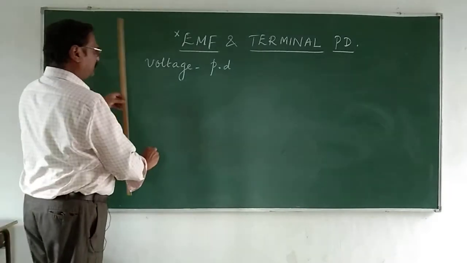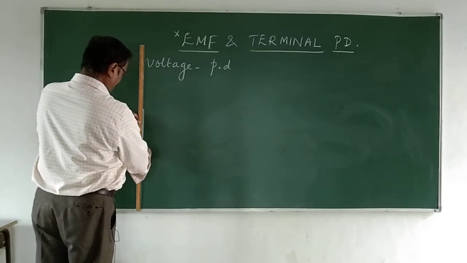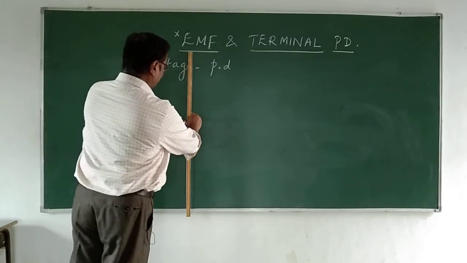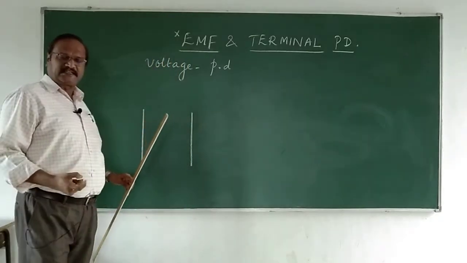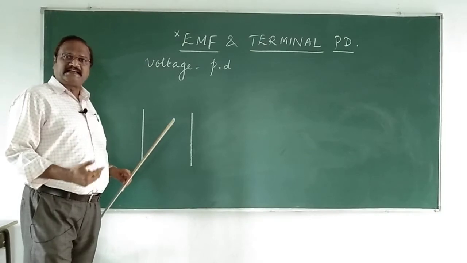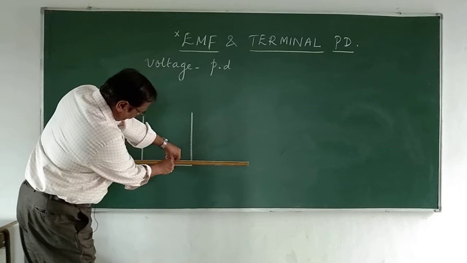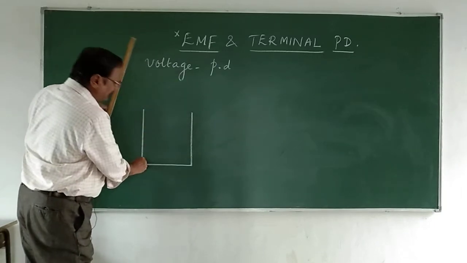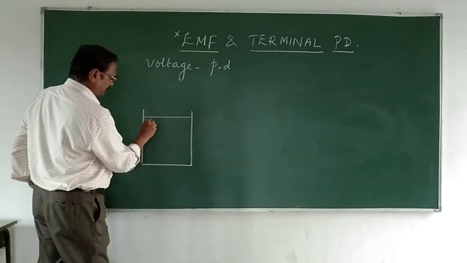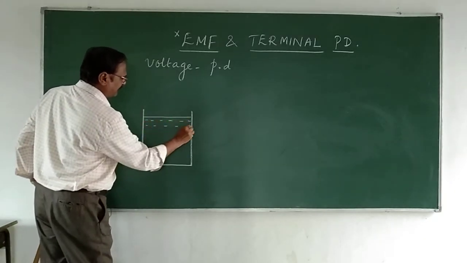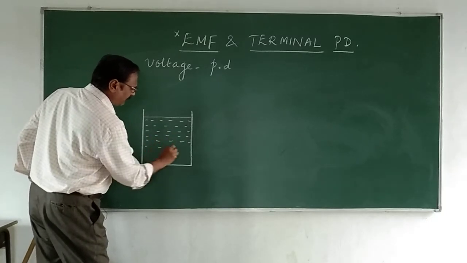For example, let me take a case of a cell. It can be any cell: an electrochemical cell, an electrolytic cell, a Daniell cell, a Leclanché cell, or any type of cell. What does a cell consist of basically? It consists of a liquid or semi-solid, which is called the electrolyte.